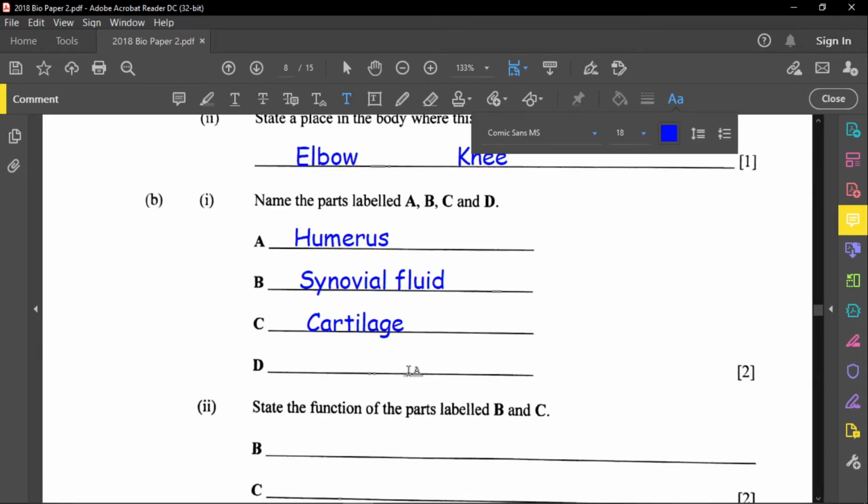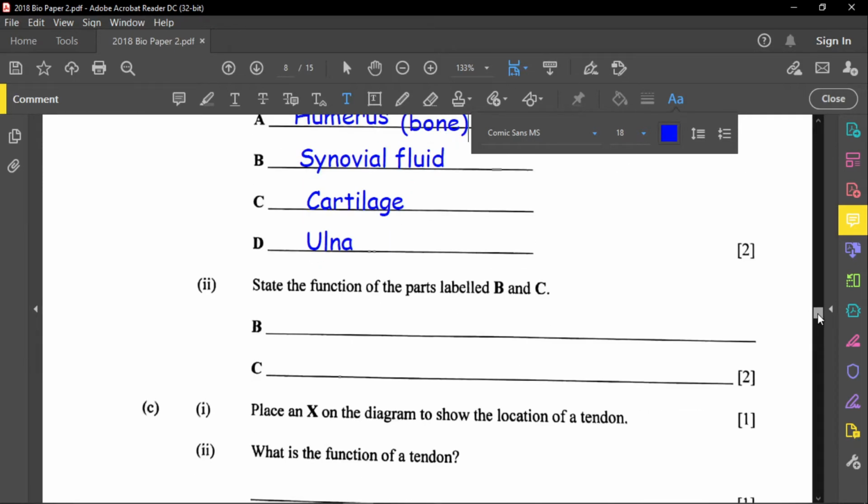And D now is the ulna, as we said earlier. So those are our structures there. And the radius here is a bone, so let's put that right in the bracket. It's a bone, specifically the humerus, based on where it's located.